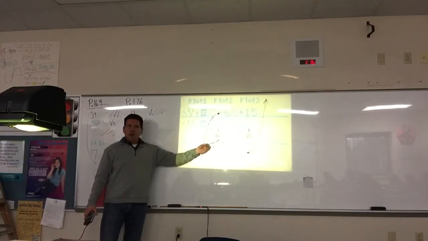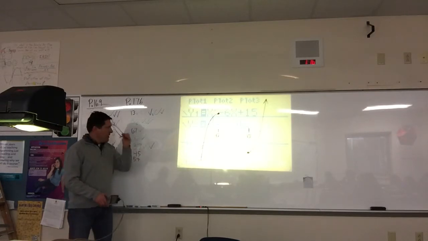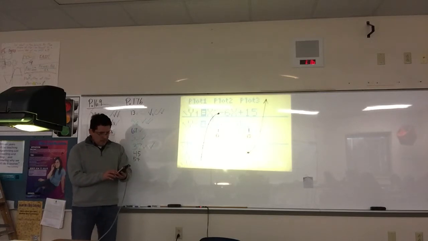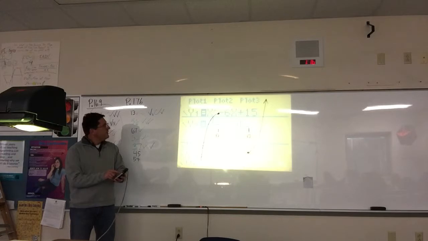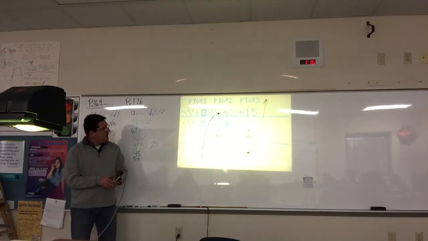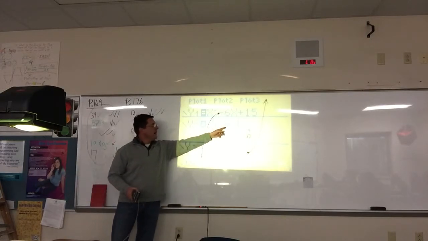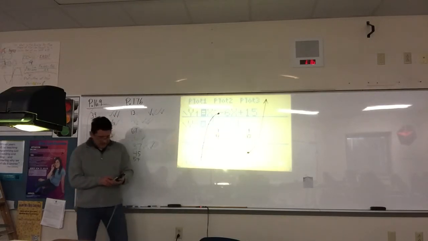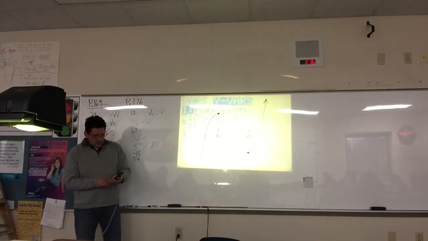Now, if you have the new operating system, it looks like this. If you have something that doesn't look like that, let me know, and I'll help you out. We're going to find the derivative with respect to x, so you put an x right there. We're going to find the derivative of y1 here. So I want y1. That's under vars, y vars, function y1.